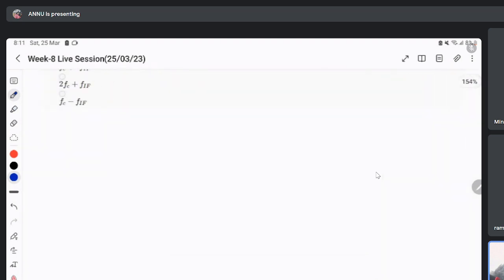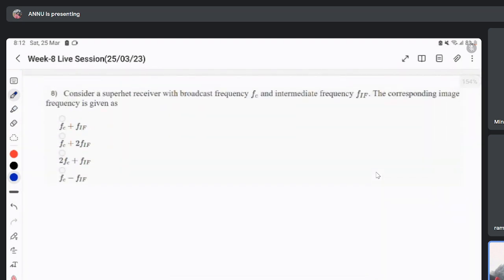Next question. Consider a superheterodyne receiver with a broadcast frequency of FC. Here we call the FC frequency the broadcast frequency, please remember. For an intermediate frequency FIF, the corresponding image frequency is given as FC plus 2 times FIF.